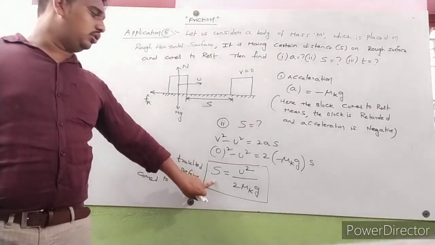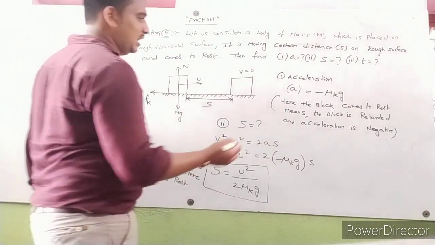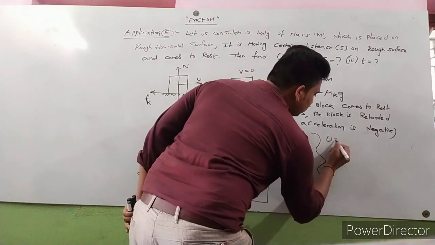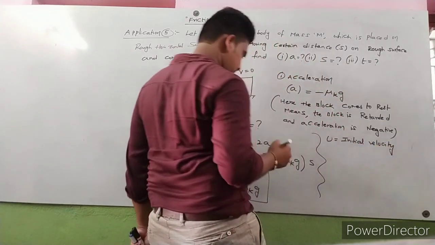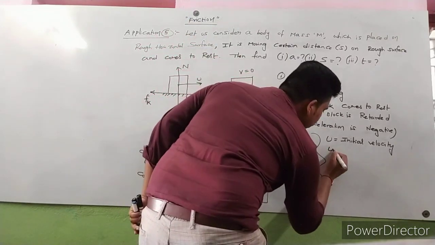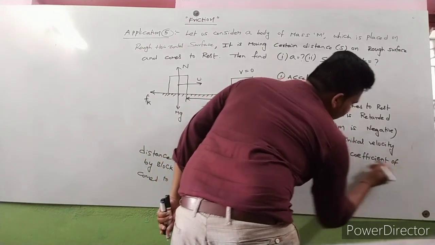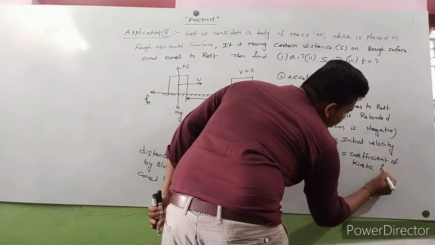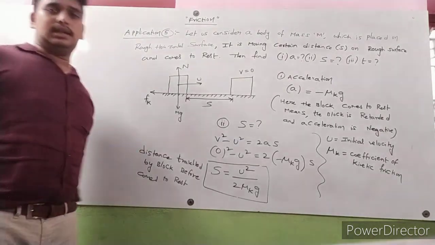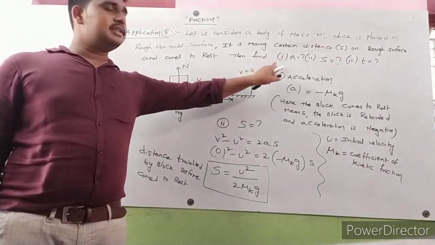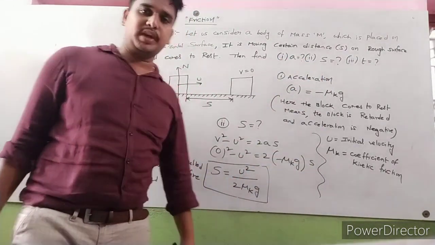Here u is the initial velocity and mu_k is the coefficient of kinetic friction. So in this application 5, case 2, the answer is S equals u squared by 2 mu_k g.